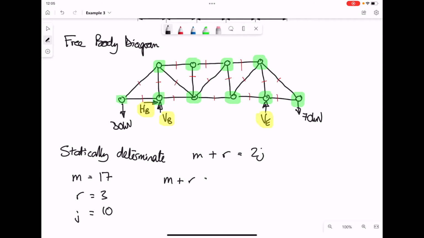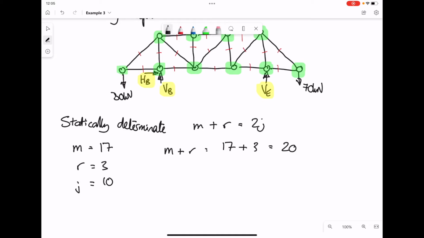M plus R is 17 plus 3 gives you 20. 2 times J is 2 times 10. That also gives you 20. So 20 is equal to 20. Therefore, M plus R equals 2J.